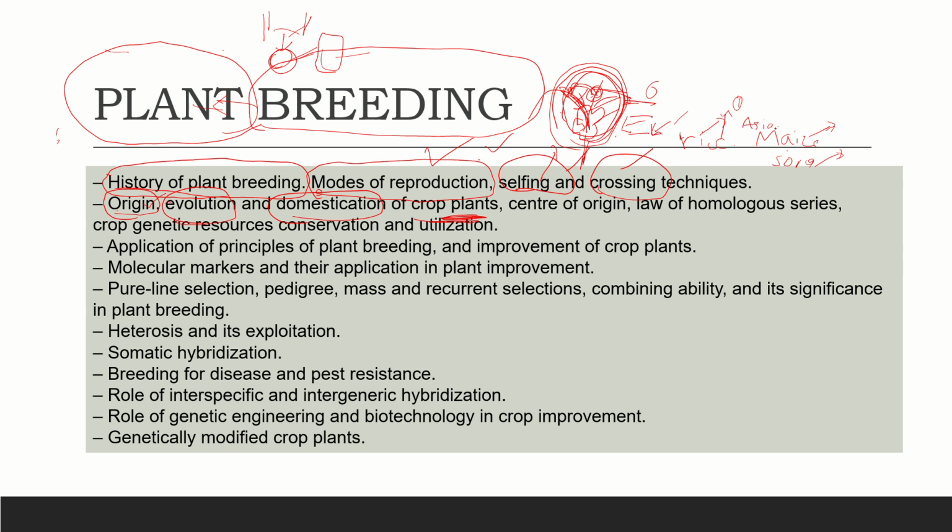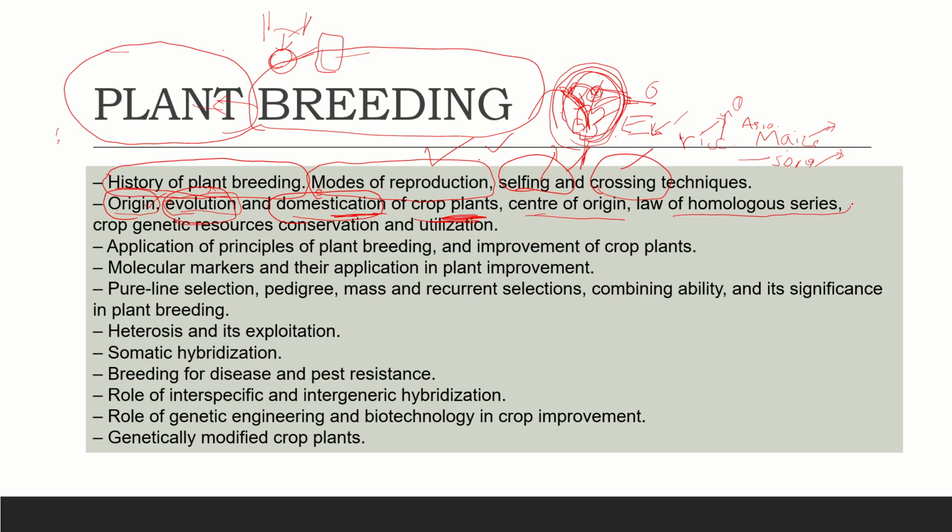So their original habitats are from different parts of the world, so their origin is different. We brought them and introduced them at new places, and for their evolution, we made those plants suitable for the climatic conditions in other countries too, and we domesticated them based on the requirements of that plant and rebred them accordingly.